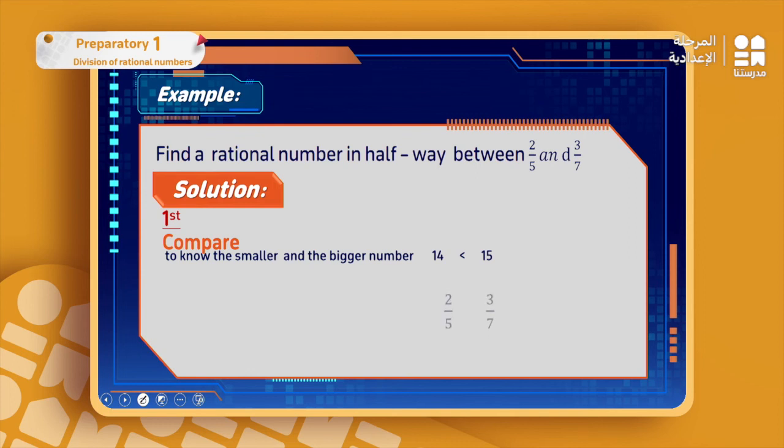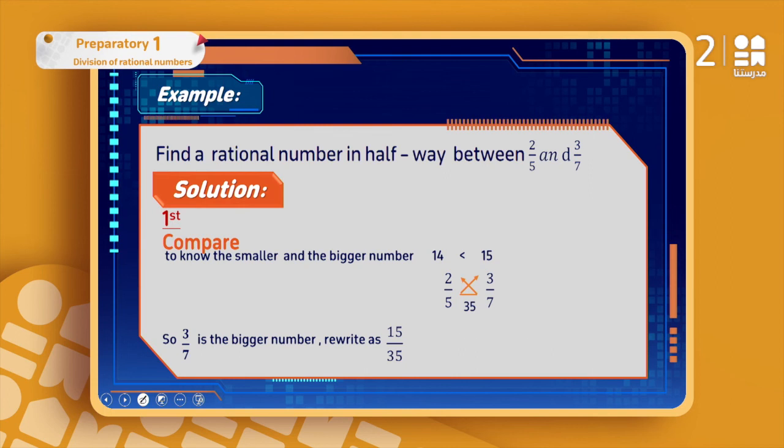So here we have 2 over 5 and 3 over 7. To compare fractions, we need to make cross multiplication. As you can see here, 2 times 7 is 14, 5 times 3 is 15. So 14 is less than 15.